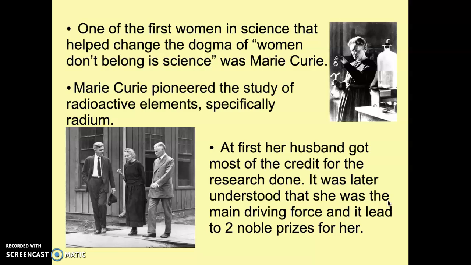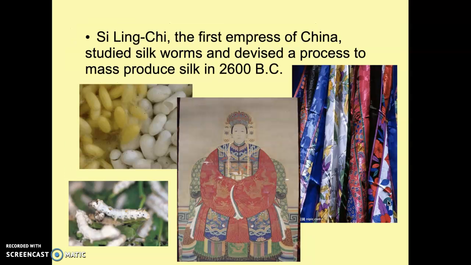She really pushed the development of radioactive elements, which helps us to understand the properties of those elements and what they can be used for. And that actually allowed someone like Rosalind Franklin, who is the first person to capture an image of the double helix of DNA, to do what she did.